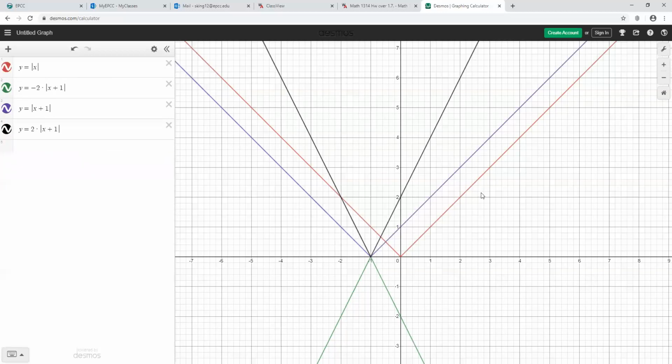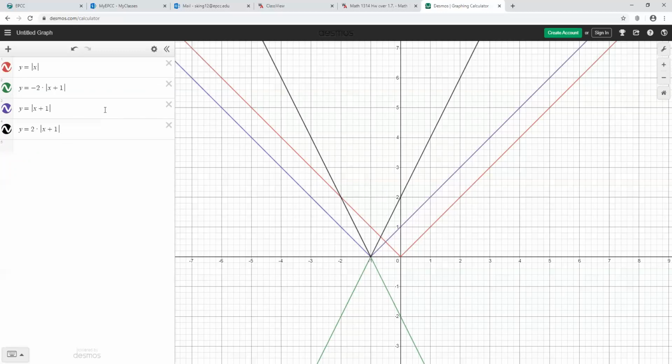So we have gone through 3 transformations so far. The original one was the parent function, which is the red one. The first transformation was this +1. I know it's out of order, but we spent so much time. I hope it doesn't confuse you. And we moved the red original parent function 1 unit to the left. And that gave us the purple graph.